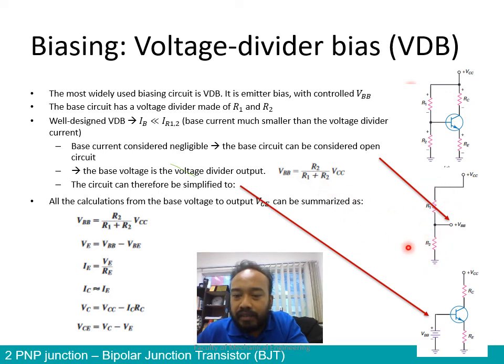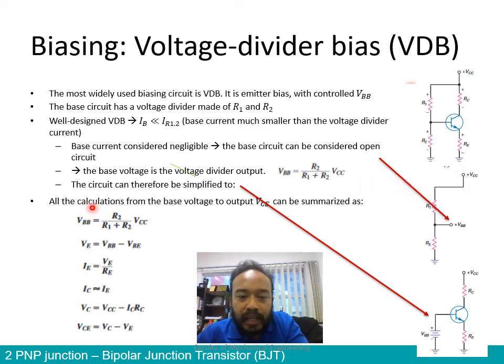So it is VCC multiplied by R2 divided by R1 plus R2. That's what we have over here. VBB, the voltage connected to the base, where there is no current circulating inside the transistor, equals R2 over the sum of resistors R1 plus R2, multiplied by the input voltage VCC.